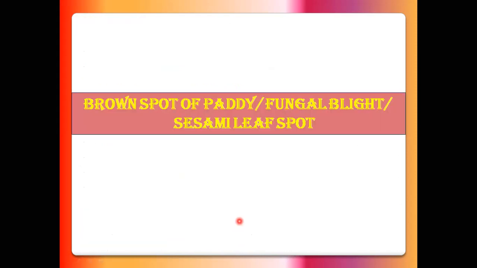Okay, now we discuss the second important disease seen in rice, that is the brown spot of paddy. Meaning the brown spot symptom is generally seen in rice.